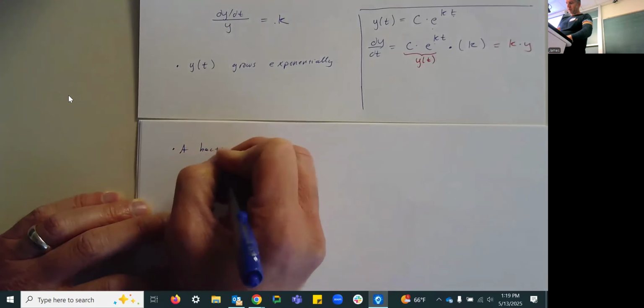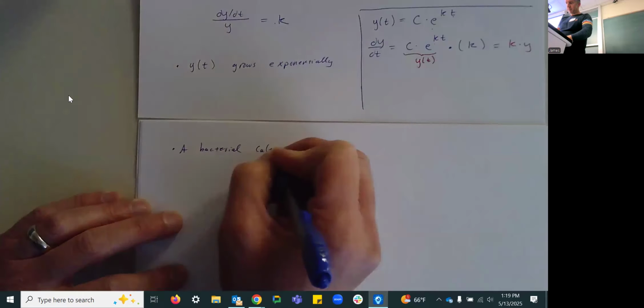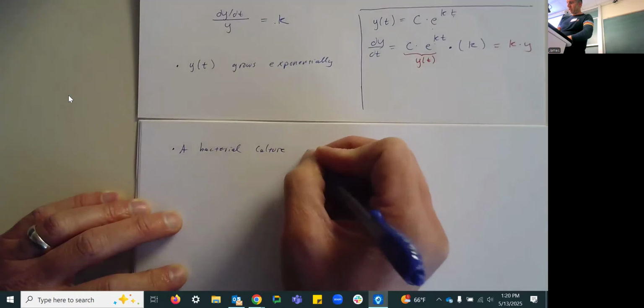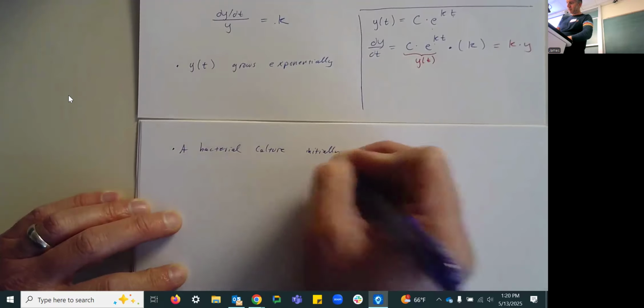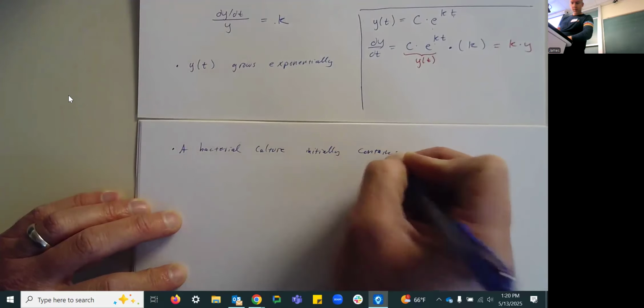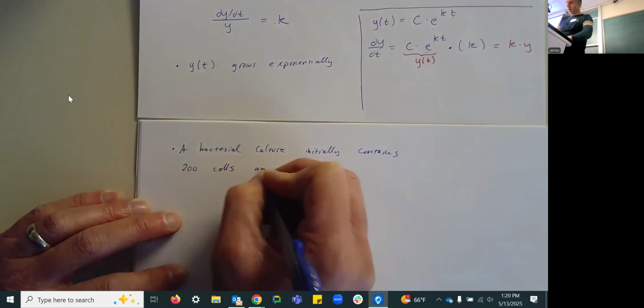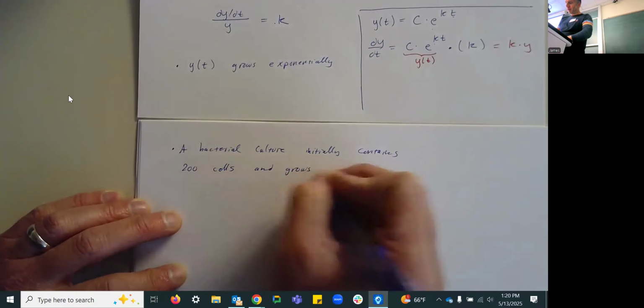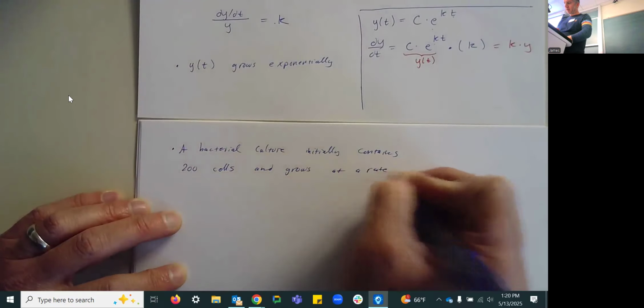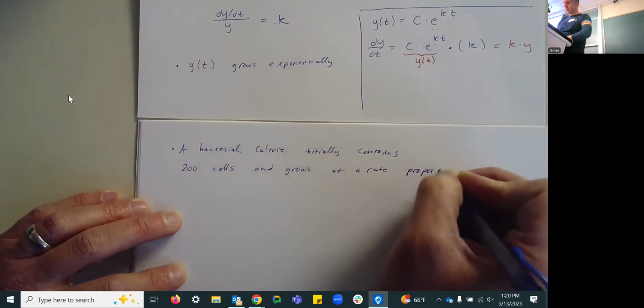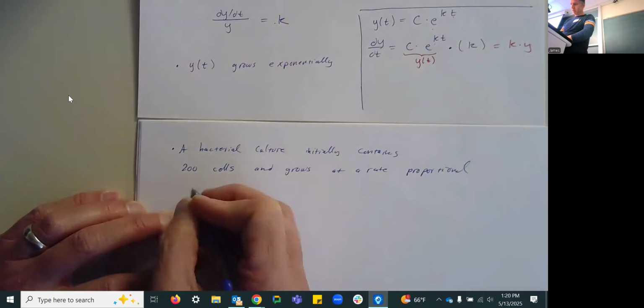A bacterial culture initially contains 200 cells and grows at a rate proportional to its size.